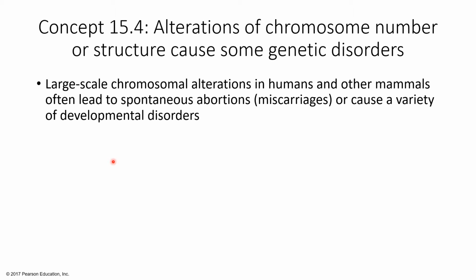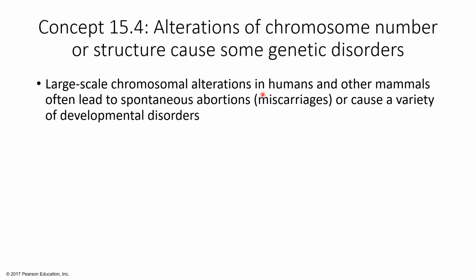Okay. Now, in general, any kind of large-scale changes in chromosomal number is going to lead to a spontaneous abortion. Basically, it is not a viable fetus at that point in time, and instead of moving forward, there are internal systems to be able to go, okay, shut it down.